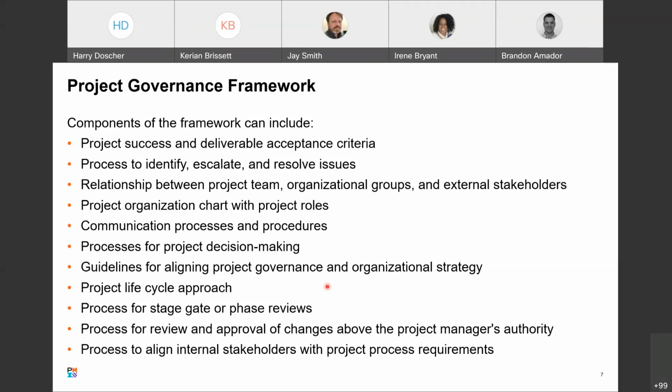Guidelines for aligning project governance and organizational strategy.